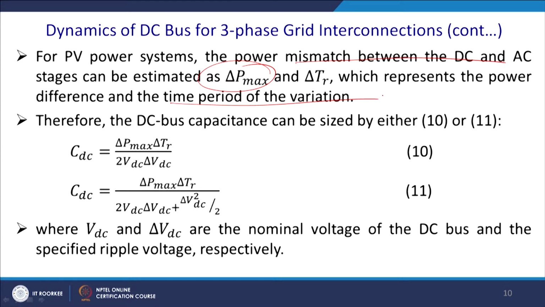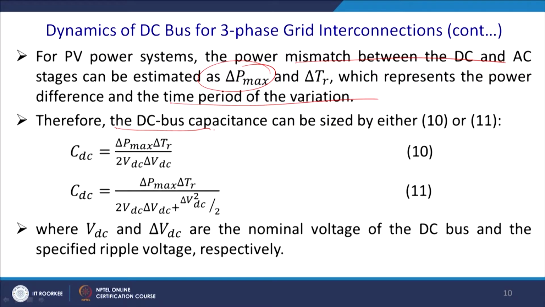So, that is something we need to keep in mind: where it is matched, where it is mismatched. Therefore, since it is 6 pulse, it won't be something like 90 degrees. So, we need to calculate where the mismatch occurs, which is T_R. Therefore, the DC bus capacitance can be sized as shown in this equation.